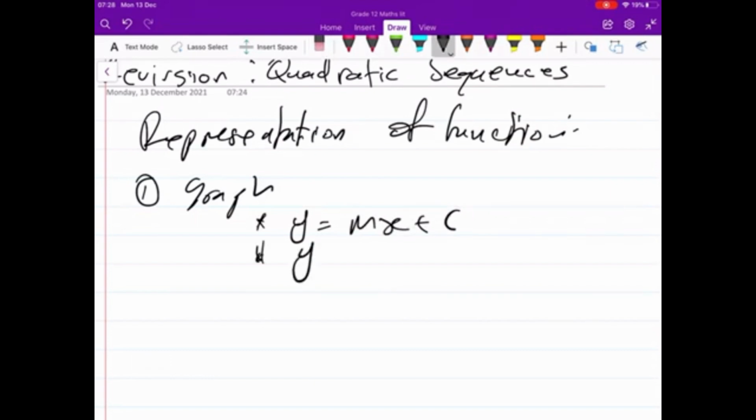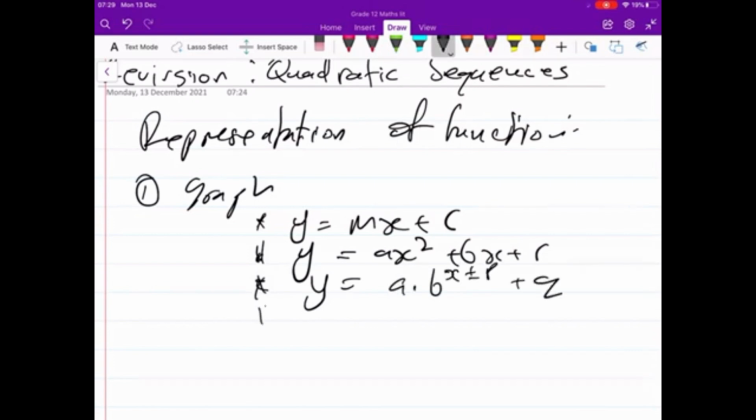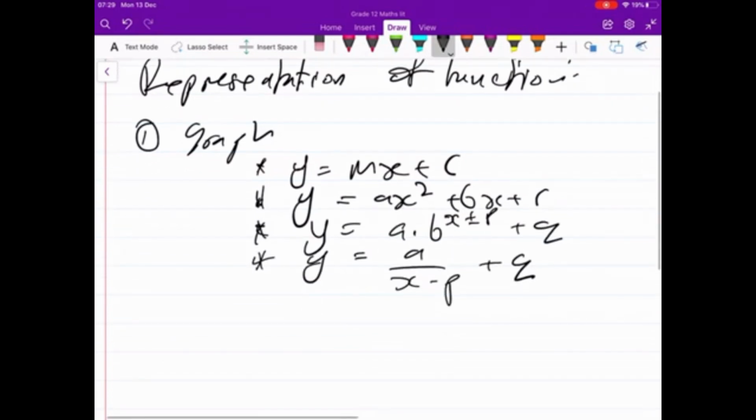You learned about a quadratic function. You learned about an exponential function. And of course, you learned about a hyperbola. It can be represented as a graph.